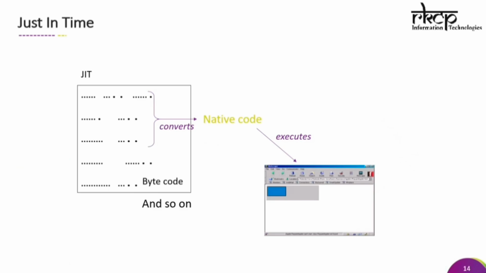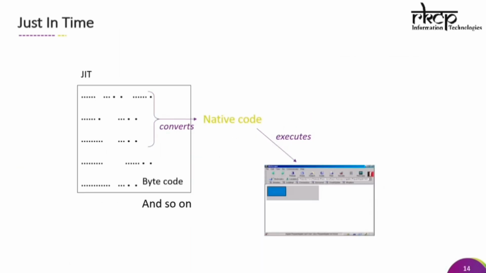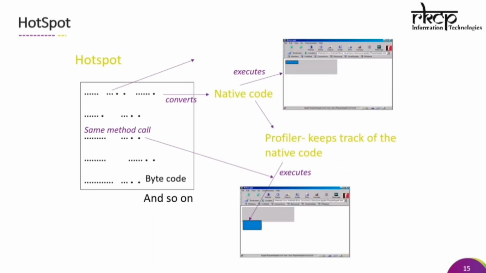Here, to execute at runtime, you are also using a compiler. That compiler is known as the JIT compiler, just in time compiler. So at runtime Java is using the JIT compiler. One more compiler is there, known as the optimized compiler. Here the optimized compiler is behind the hotspot. We are saying it is a hotspot.